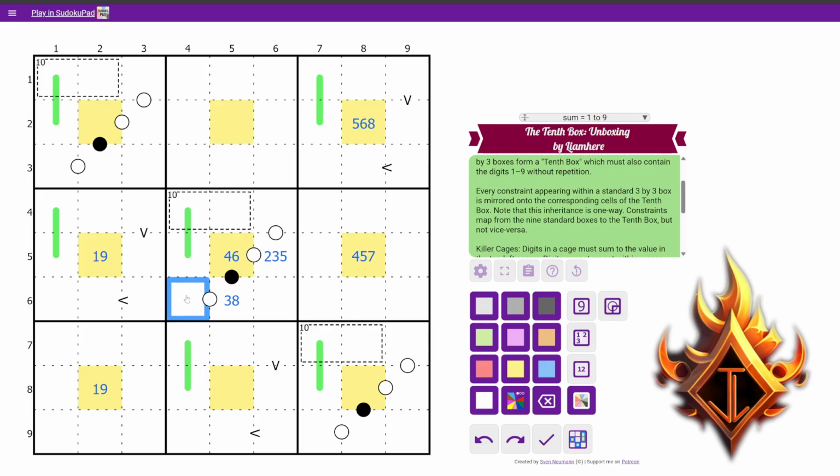This cannot be 9, can it? 9, 8, 4, 3, 2. Take everything out. I guess that is not important yet, though.